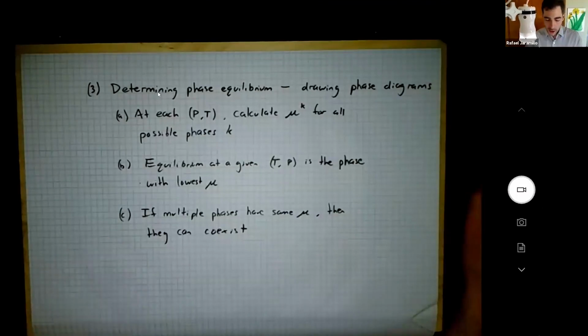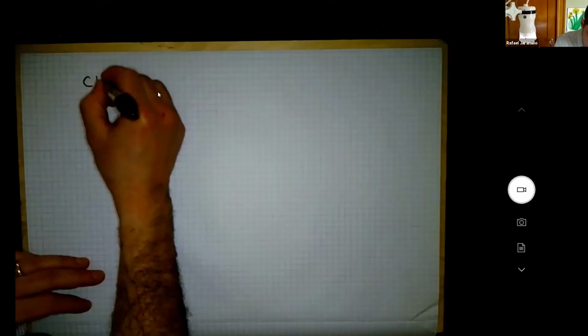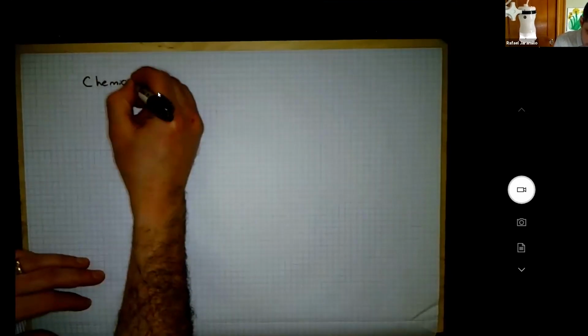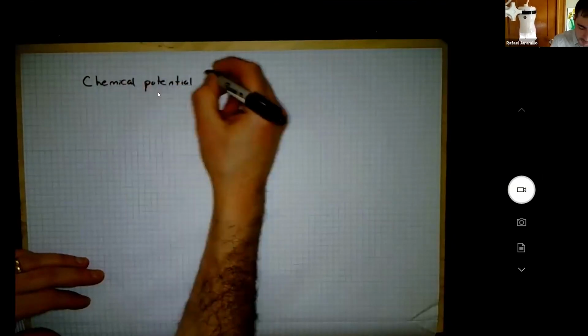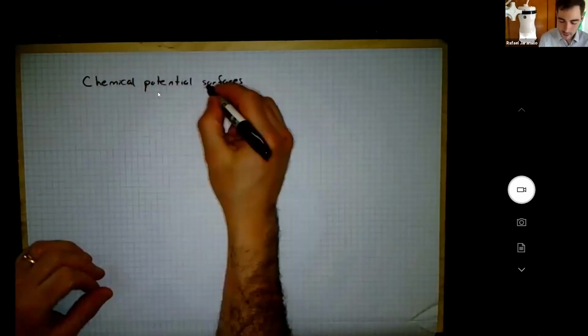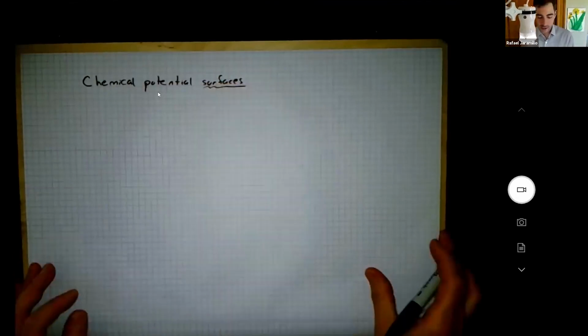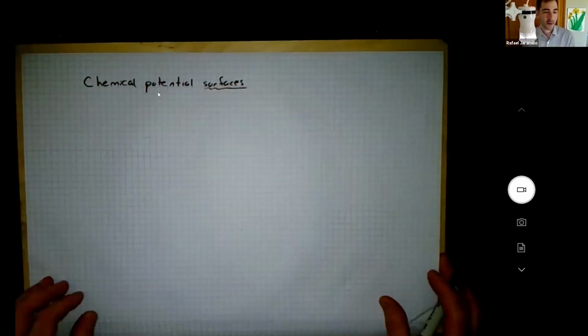So I find it helpful to think of these in 3 dimensions. And unfortunately, this means I'm going to have to draw in 3 dimensions. So I'm going to try here to draw a couple chemical potential surfaces. I think even the process of watching me struggle to draw these will be instructive. Of course, there are better pictures in a textbook.